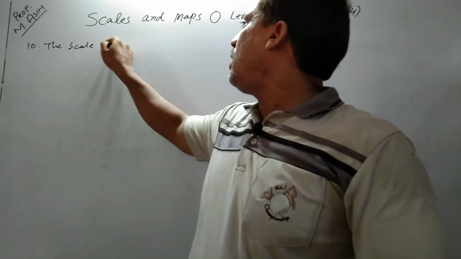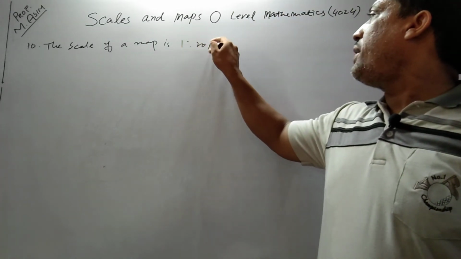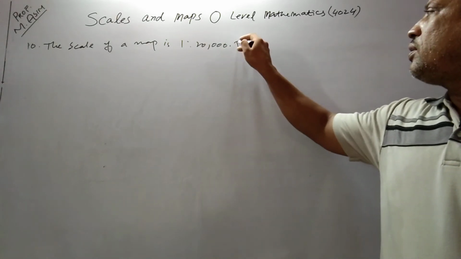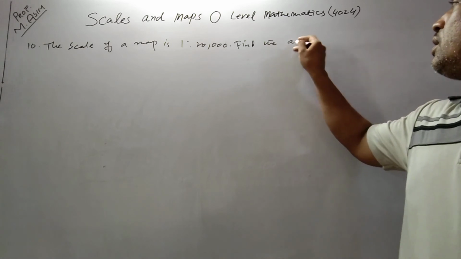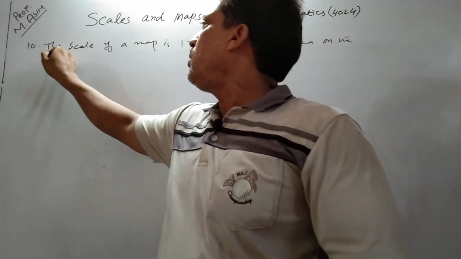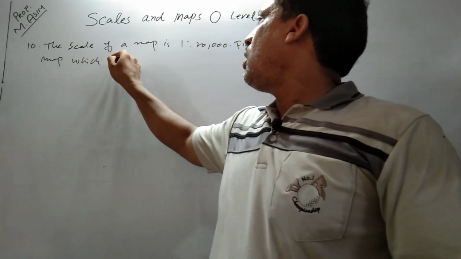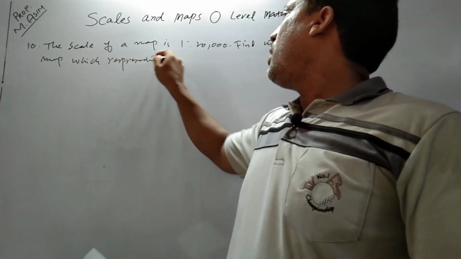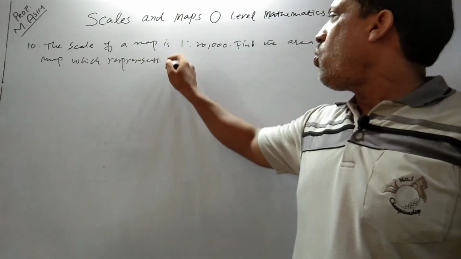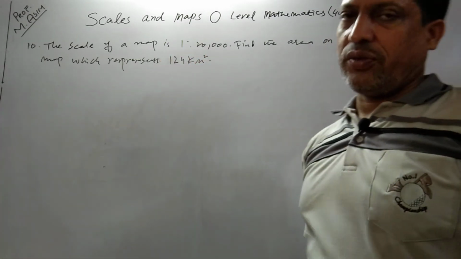The scale of a map is 1:20,000. Find the area on the map which represents 124 kilometer square.